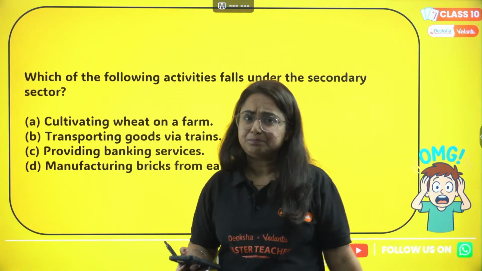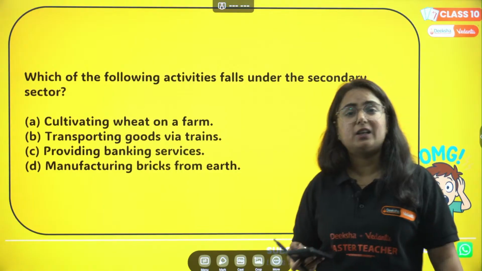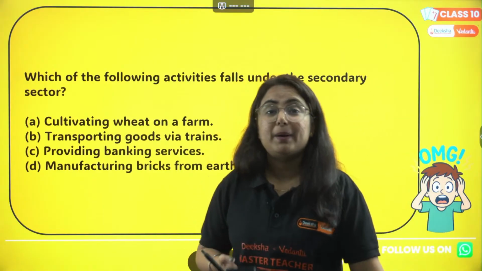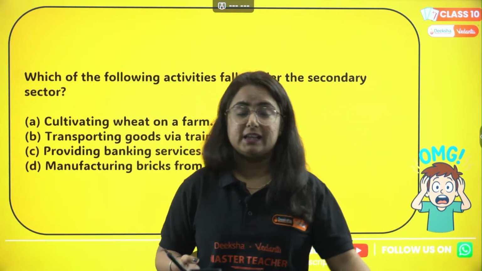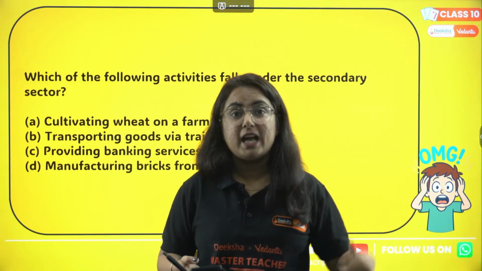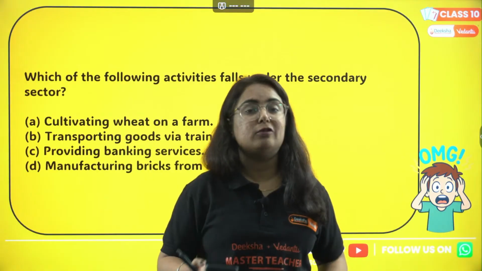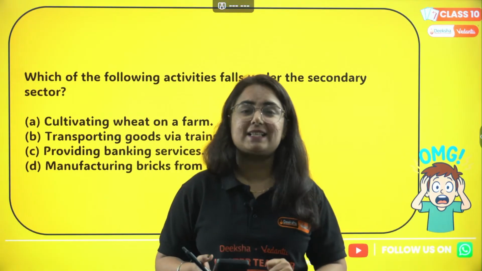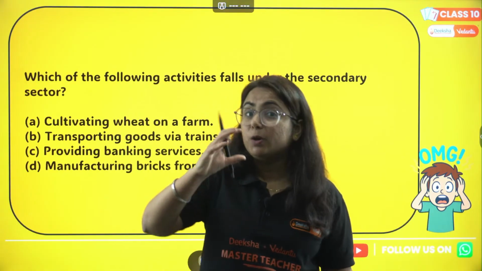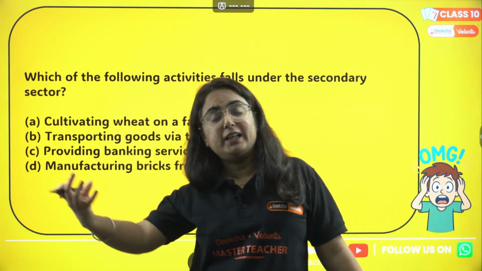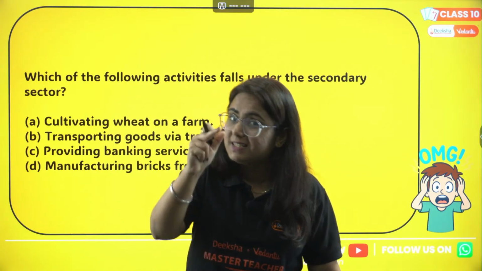Primary activities are those which depend upon natural things like agriculture and dairy farming. Whenever the substance is obtained directly from nature, that activity is a primary activity. But when we transform it into another form, it becomes a secondary activity.